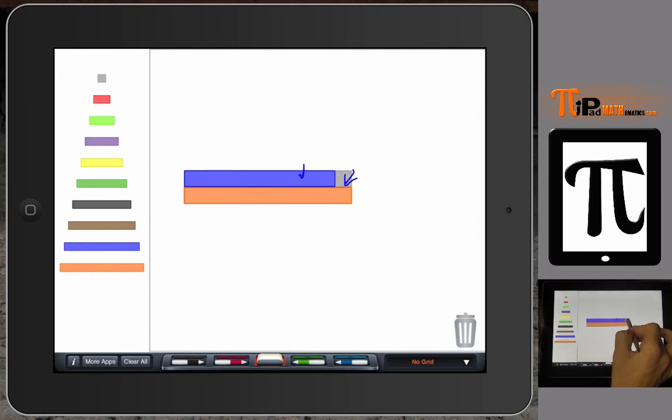So therefore the orange is going to be the whole plus that 1/9, or 1 plus 1/9, 1 1/9, or 10/9.